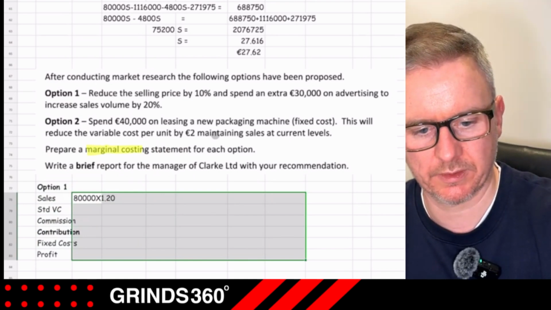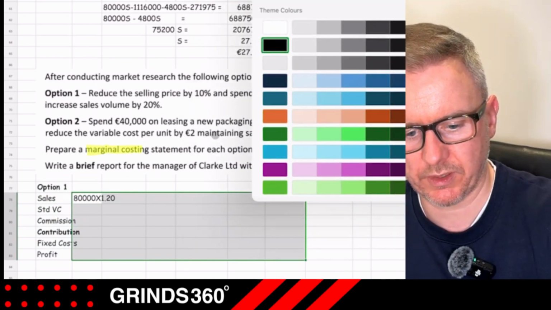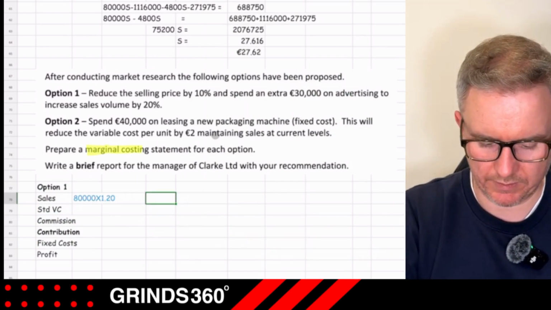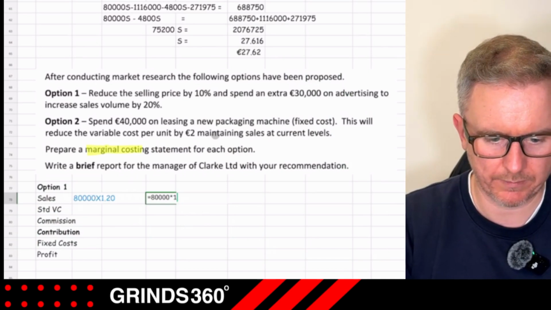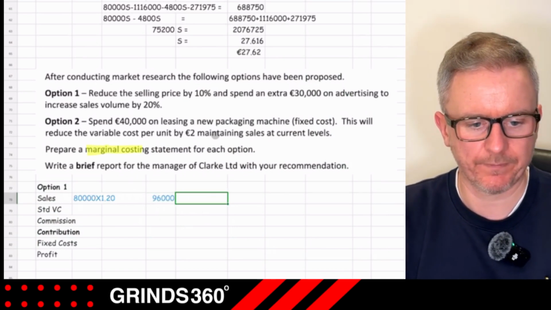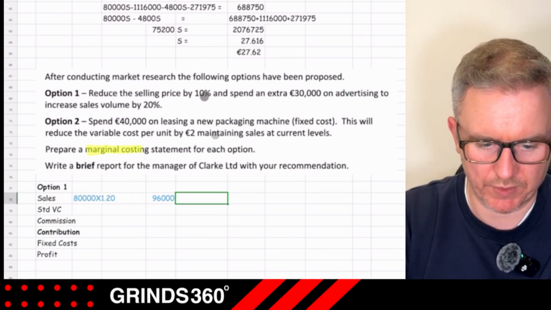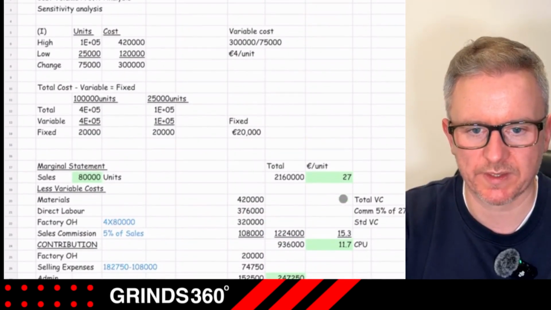Now I'm just going to put these in blue so you know they're the workings when you're looking back. So 80,000 by 1.2. Get that set up for yourself. So you have 96,000 units and they want to reduce your selling price by 10%. So go back up here. Your selling price was €27.